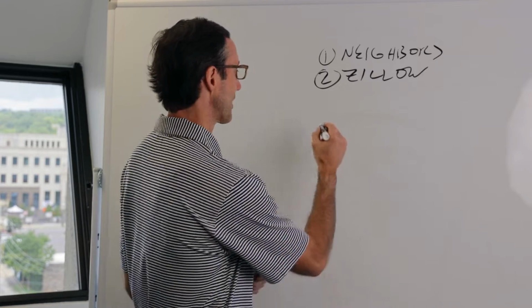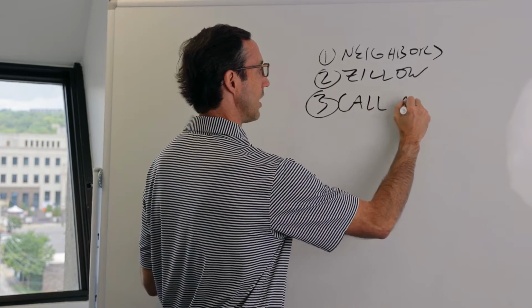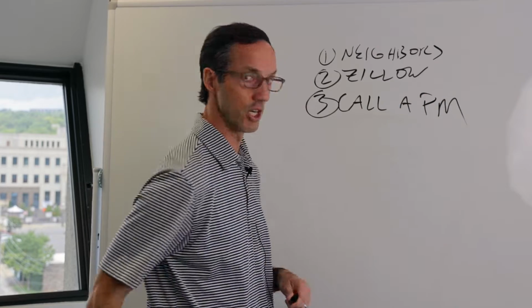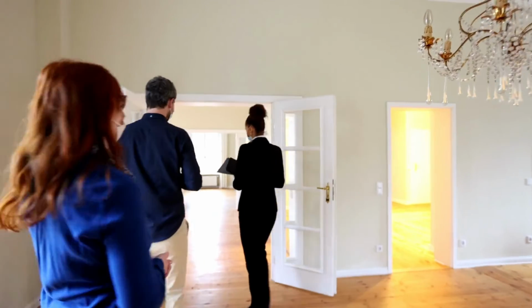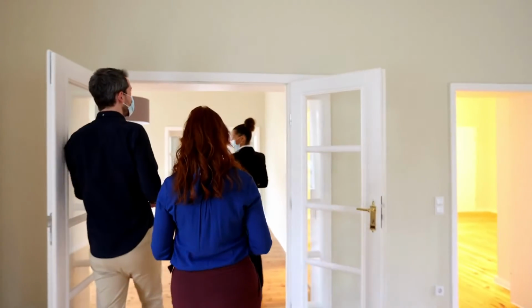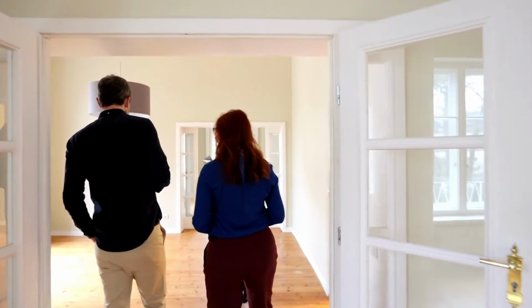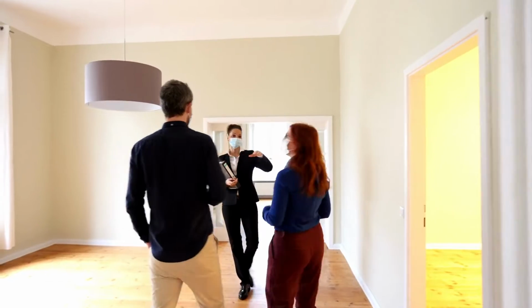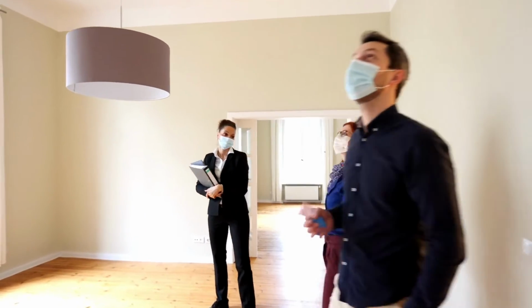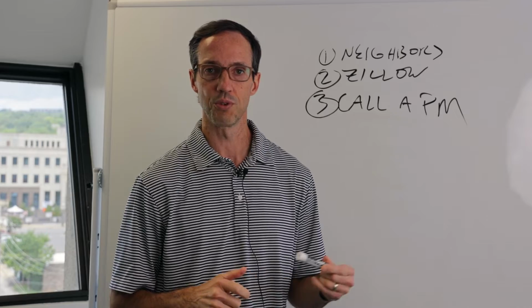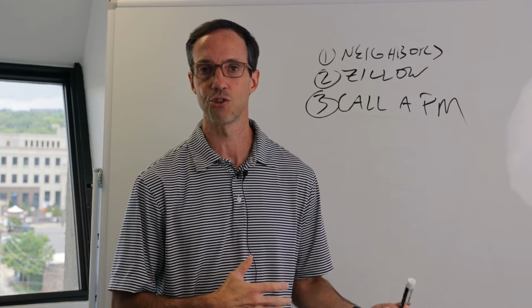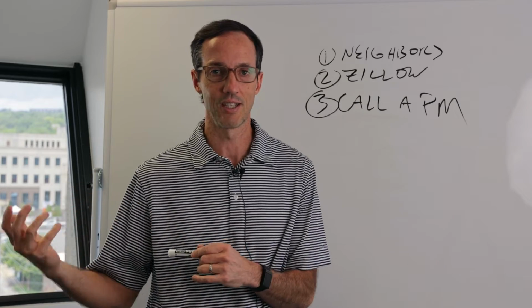The third way, I would say, is call a property manager. If you have one that you trust or that you think could give you a great idea of what your house could rent for, then I would call that property manager and talk to one of their sales reps. At Evernest, we have sales reps that help people figure this out.